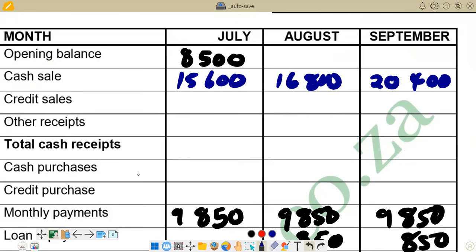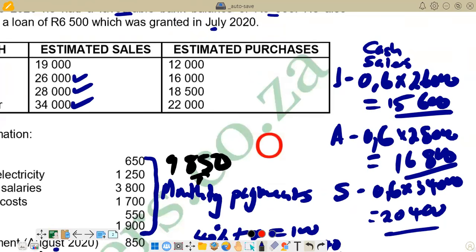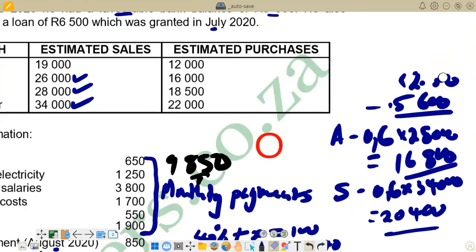So we also have credit sales. So we go back again to see how we can calculate credit sales. We can create some space there so that we calculate credit sales.